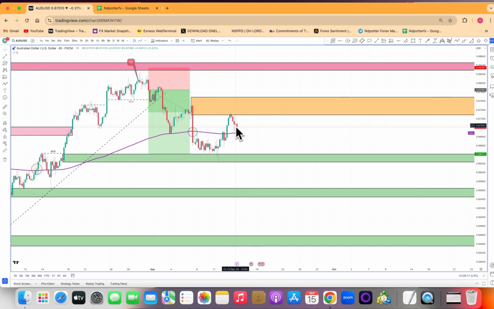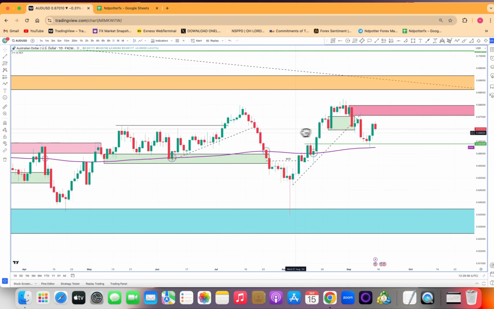So am I looking to start shorting AUD USD? Possibly yes. I'm going to short it if in the coming weeks I see the price action on the market, because I know the data is showing me bearish.